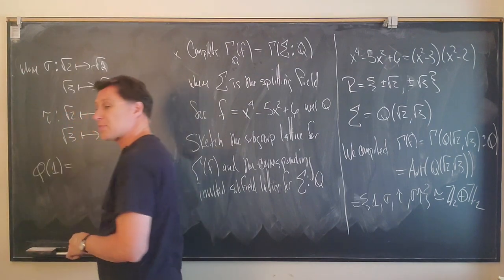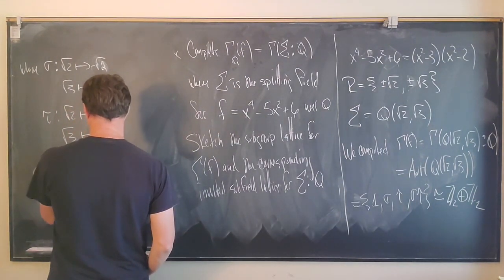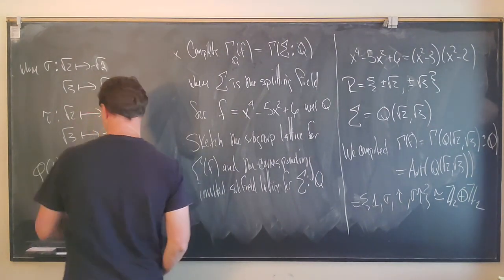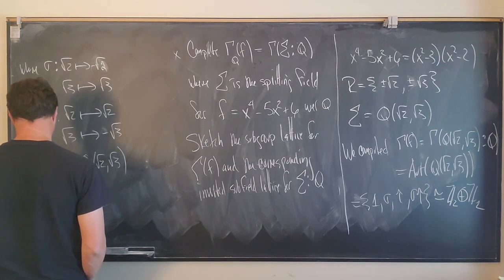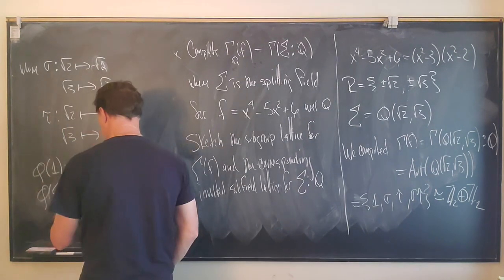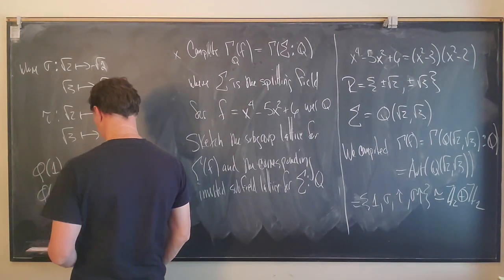Well, everybody's fixed by the identity mapping, so that's Q adjoin √2, √3. And then we saw that the fixed field of the subgroup generated by σ was Q adjoin √3.